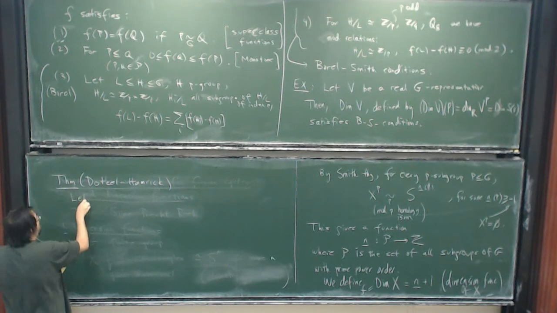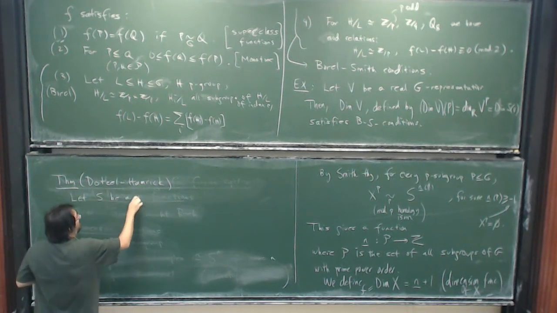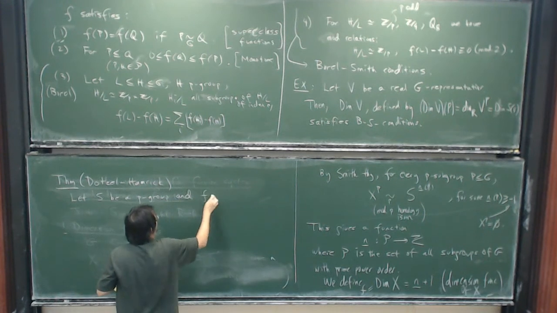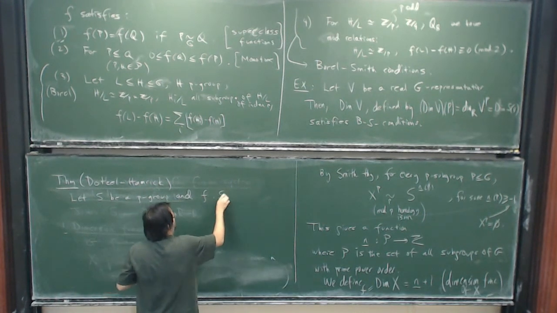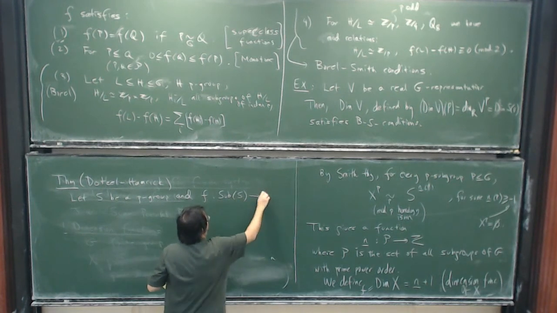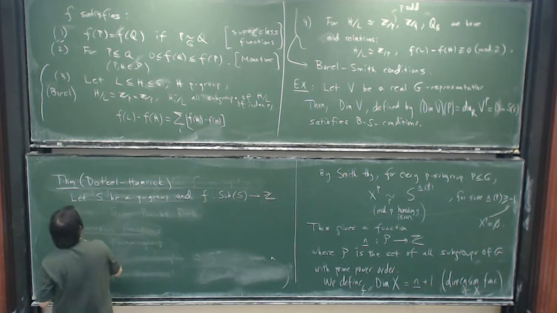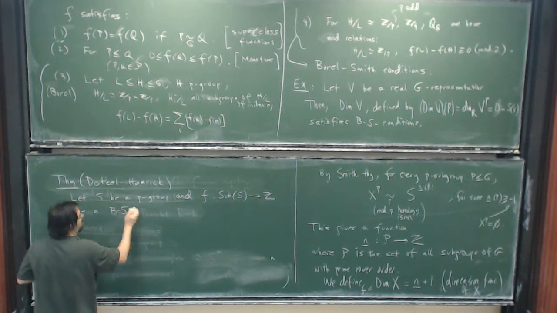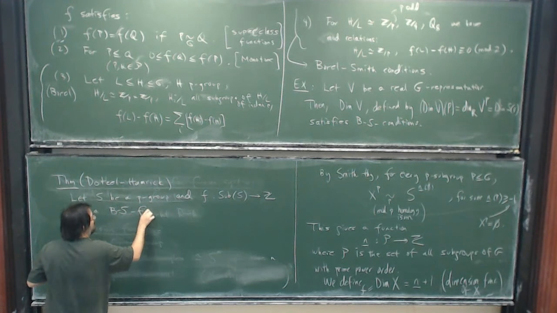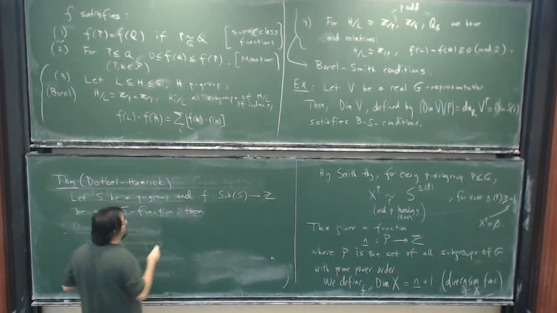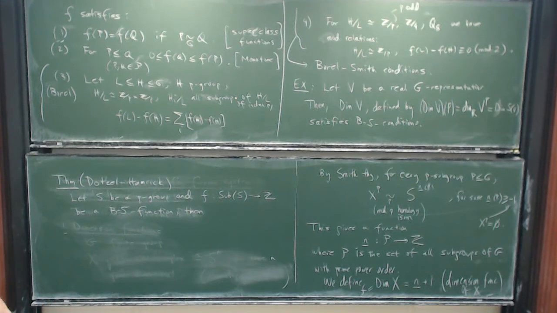So it has to be a P group. And if you take a Borel-Smith function, now it's defined on the subgroups of S. Then you can realize it as the dimension function of a real representation.